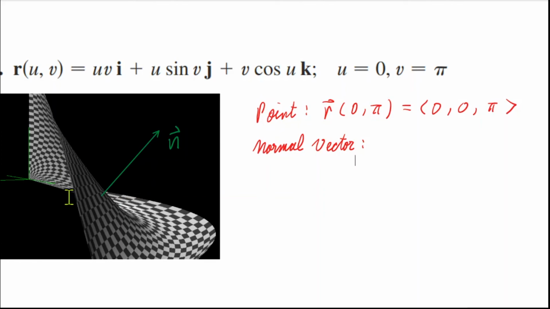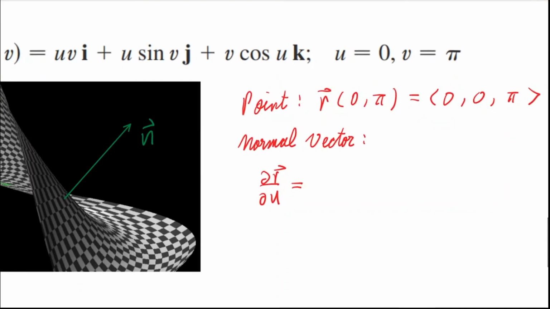Wasn't that great? So what we have to do is take a partial derivative with respect to u first and then with respect to v, and then we're going to cross them. So with respect to u, we are going to have v i vector, and this one is plus sine v j vector, and then cosine.